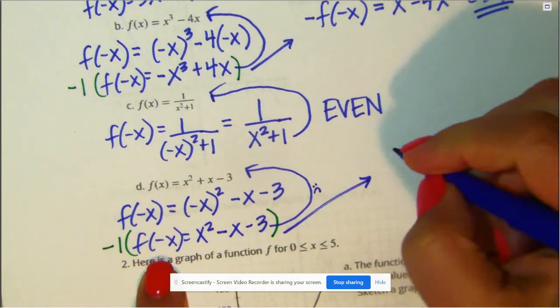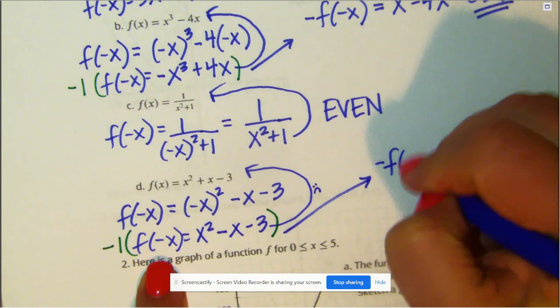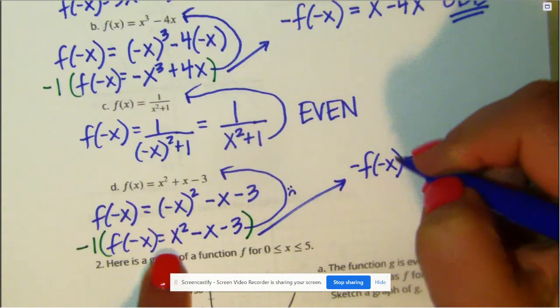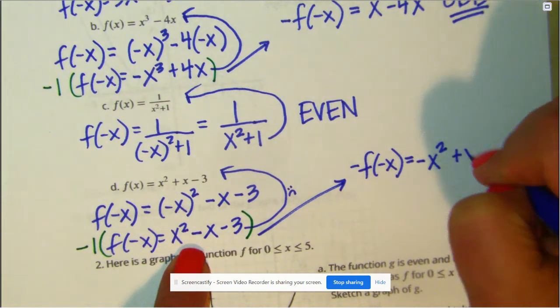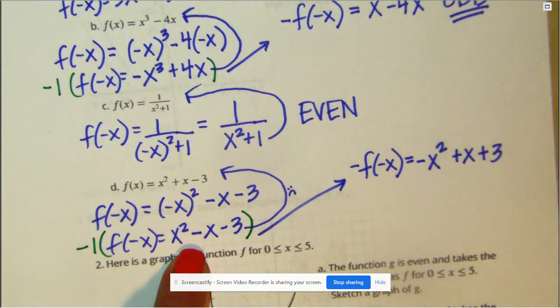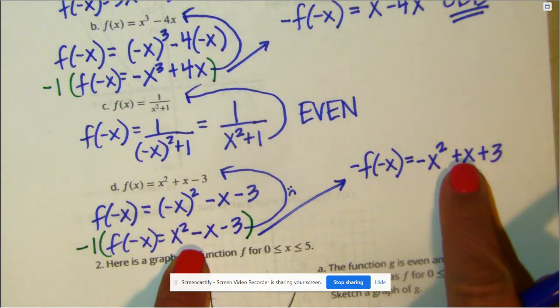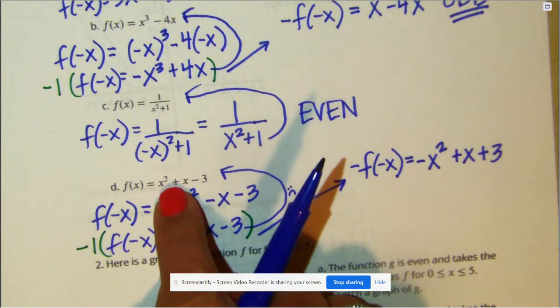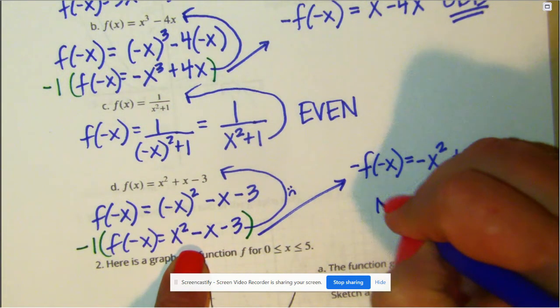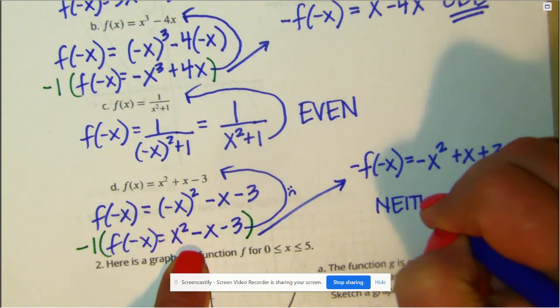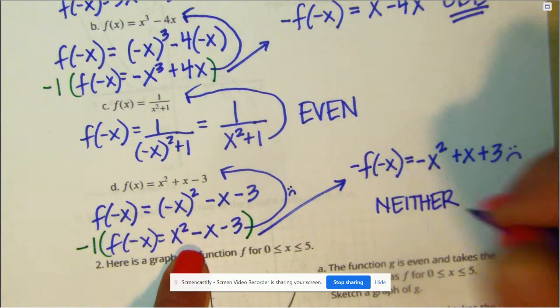I have negative f of negative x equals negative x squared plus x plus 3. Is that the same as f of x? No. This function is neither even nor odd.